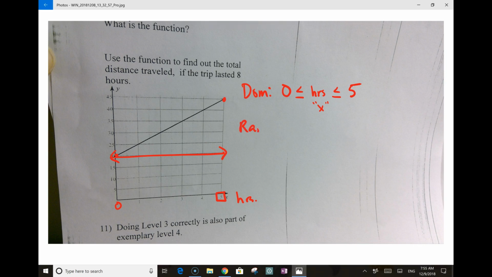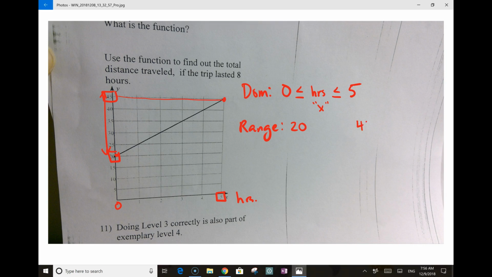The range has to do with the height of the graph. So from its lowest to its highest point, how tall is this graph? If I look at this, I can see that we begin at 20 miles and we end at 45 miles. If I extend this out to the 5th hour, it's 45 miles.